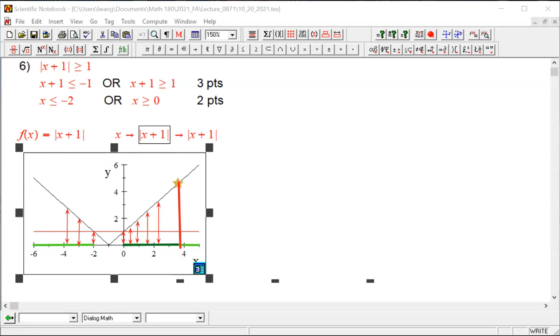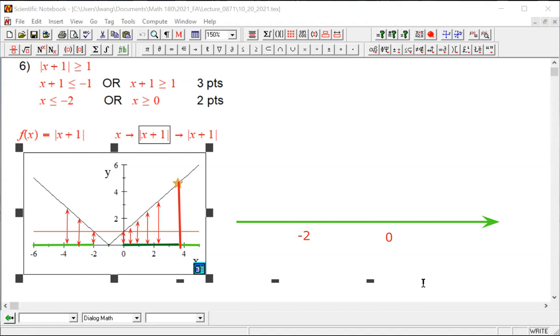The picture I drew earlier on the one-dimensional number line is basically emphasizing the input.